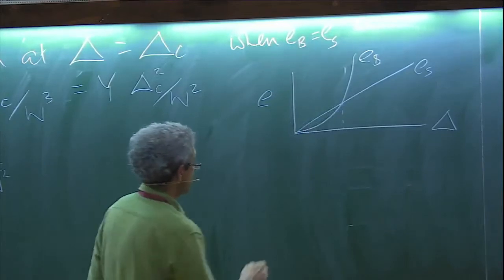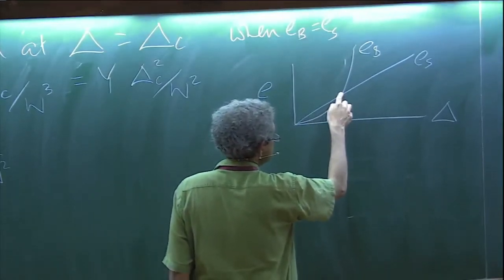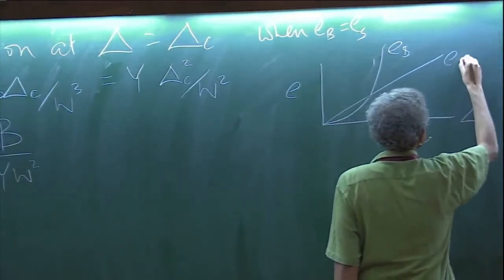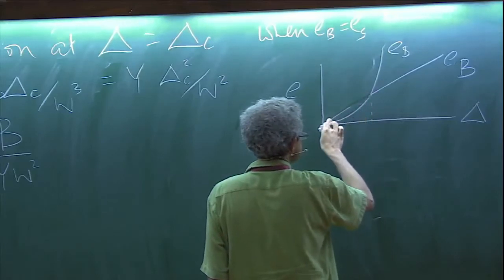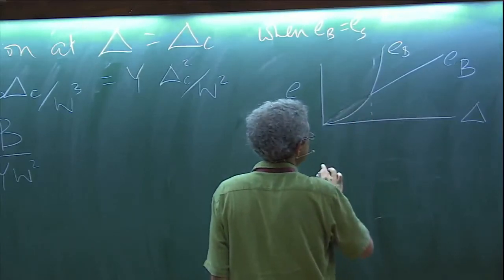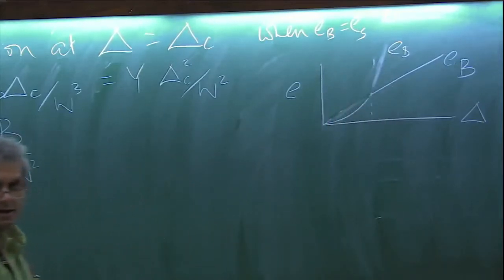All right, so the idea is that you get the stretching solution till here, and then you get the bending solution. Okay? And the place that this happens is given by this.